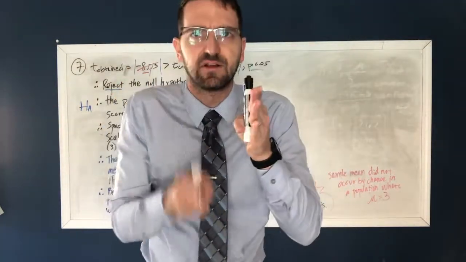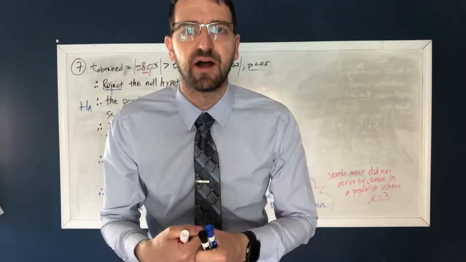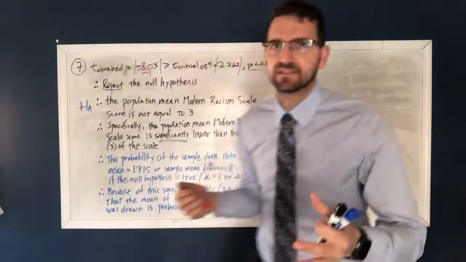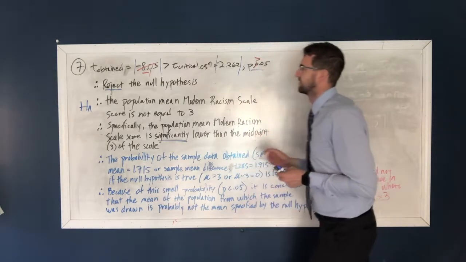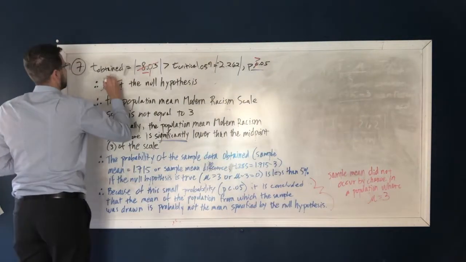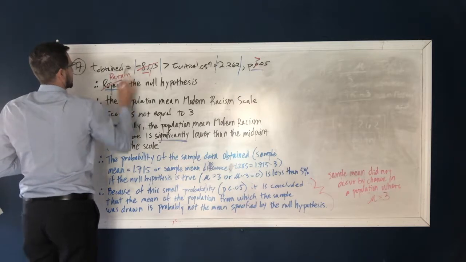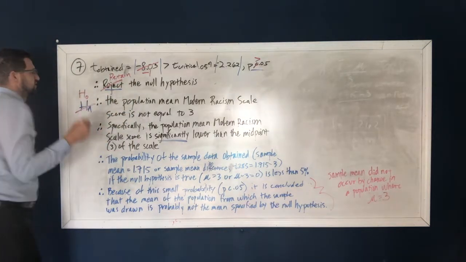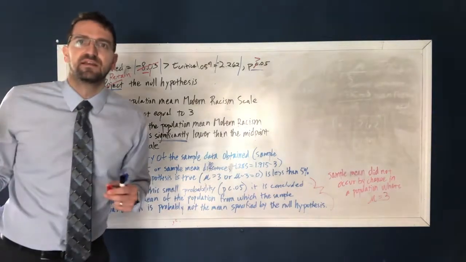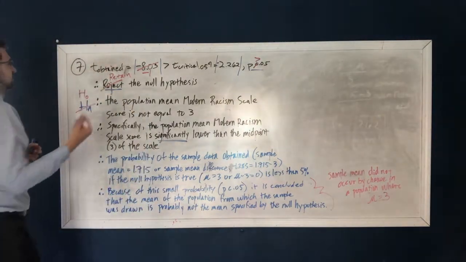It would fall in the middle, which is retain the null hypothesis. P is greater than 0.05. So P would be greater than 0.05. Therefore, you would have to retain the null hypothesis, and then you would restate the null hypothesis.